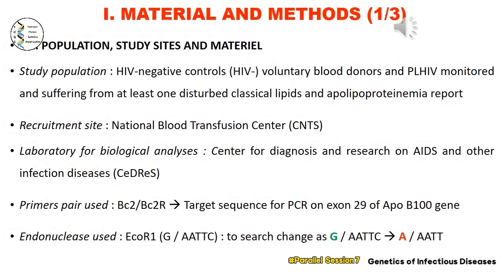The laboratory for the biological analysis was the CEDRES laboratory. The primer pair used was named BC2 and BC2R with sequence of interest on exon 29 of the ApoB100 gene. For the digestion step, we used the restriction enzyme endonuclease EcoR1.